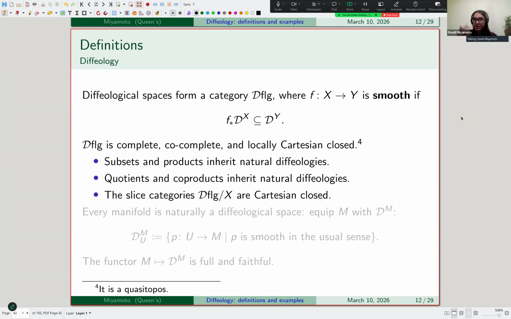The mapping space objects have natural diffeologies, which satisfy some exponential law. Everything I mentioned up to now is naturally diffeological, and you could get these consequences from the fact that the data of a diffeology is a sheaf on a site.